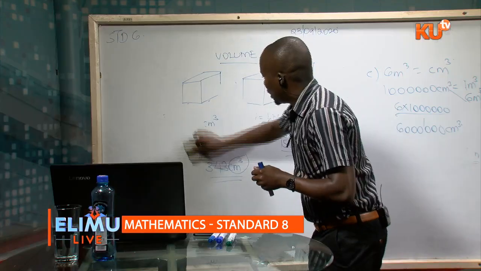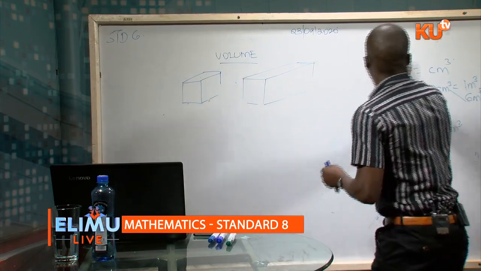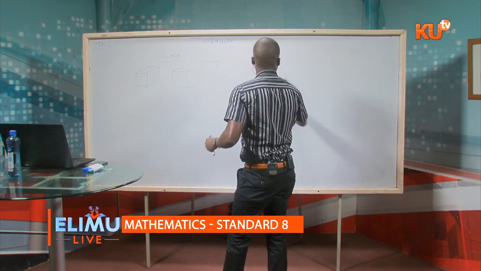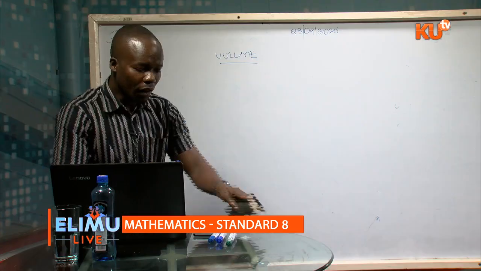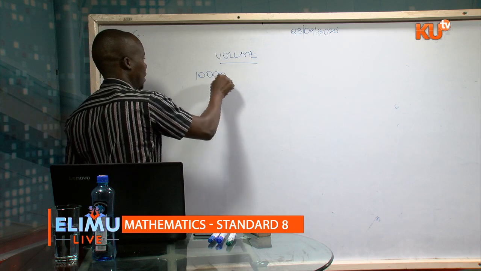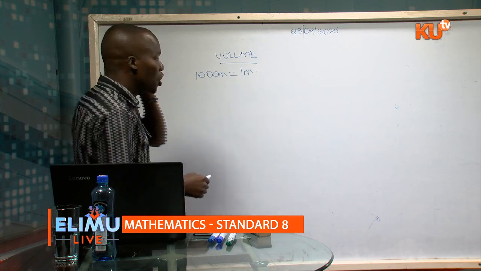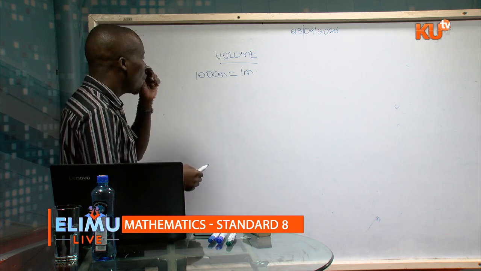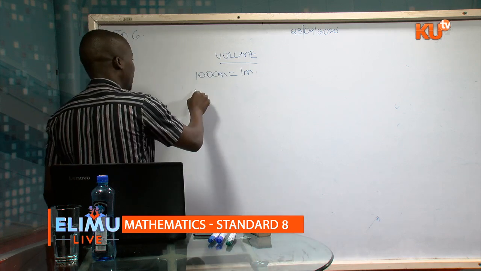I told you earlier that 100 centimeters is equal to 1 meter. You might be given shapes or diagrams with different units. Now, let me have this one.